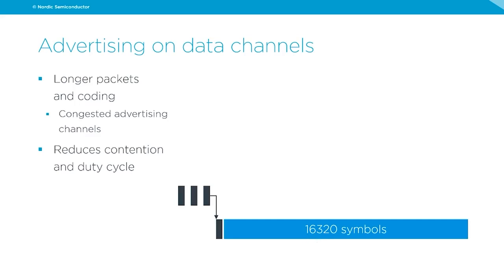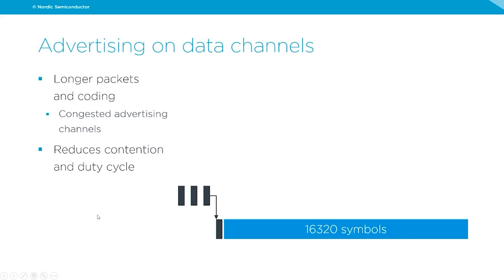So for a 255 byte payload, it can get up to 2040 bits, and each bit is encoded with 8 symbols on coded PHY. We are looking at 16,320 symbols, and that means it occupies the radio for more than 16 milliseconds, 16.32 milliseconds. So you don't want to do that on those 3 channels for advertising and repeat that 3 times.